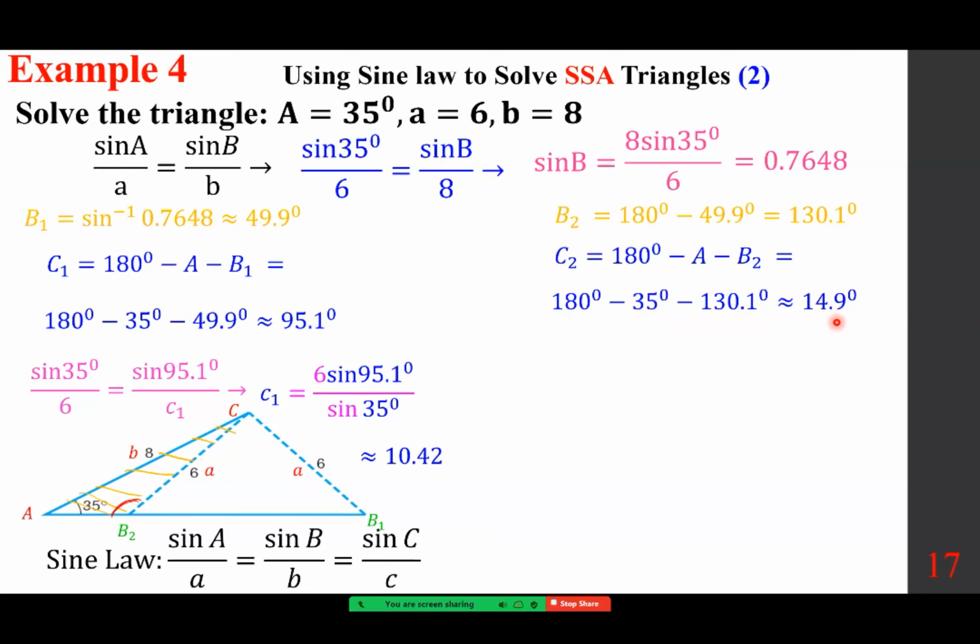So we have all the angles. One of them is 35 degrees, one is 130.1, one is 14.9. In this case, this little angle is 14.9 degrees, and this one is 130.1 degrees.